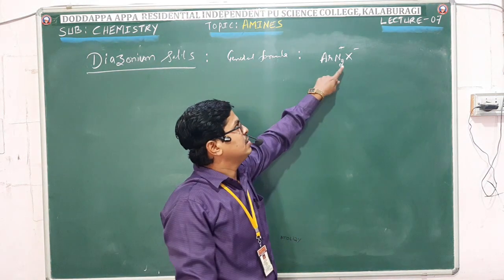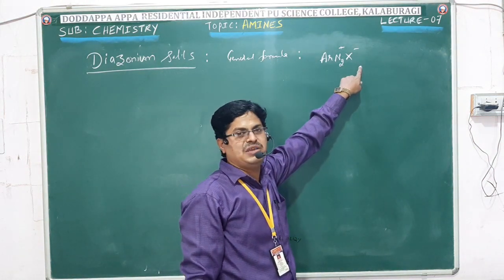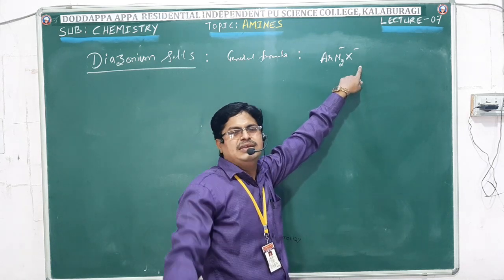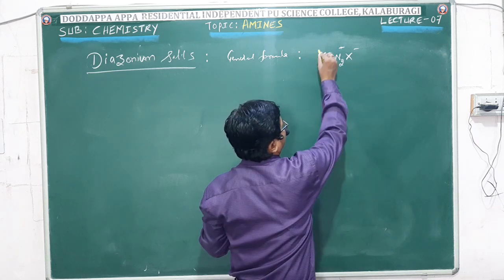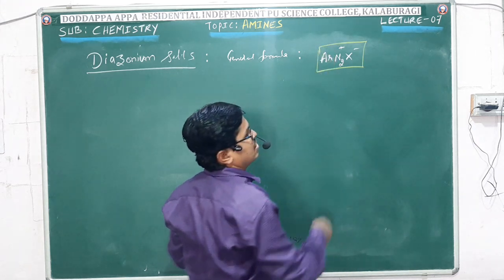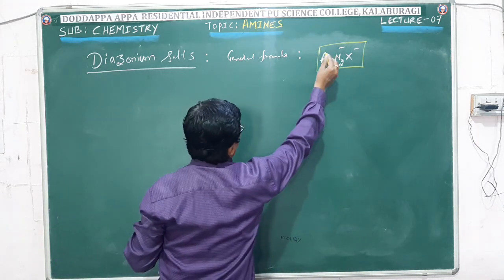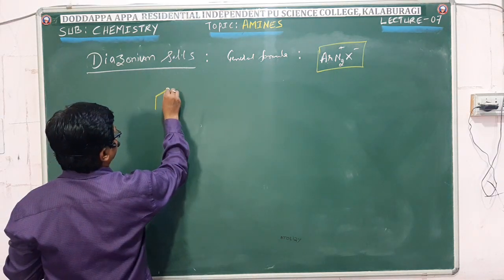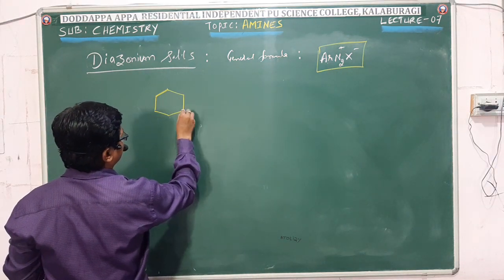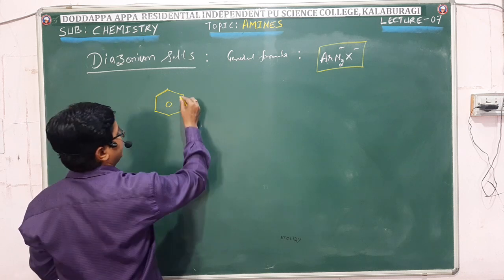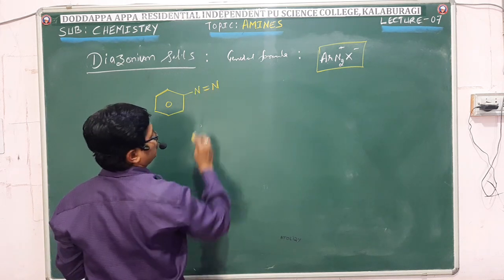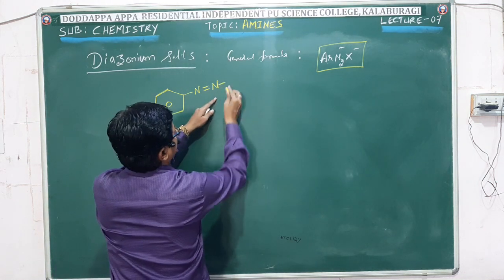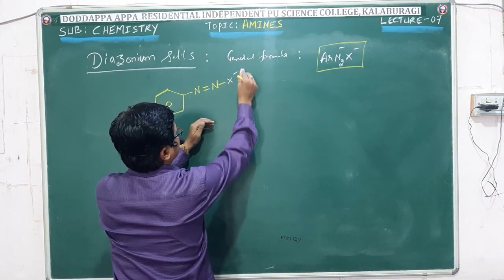Means aryl diazonium, it may be a halide or it may be a bisulfate or anything. This is the general formula of diazonium salt. Ar means aromatic ring, aryl group. An aryl group or a phenyl group attached with two nitrogen atoms and also with X minus.